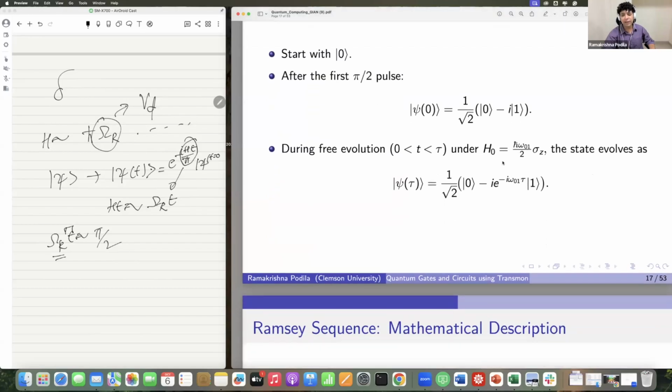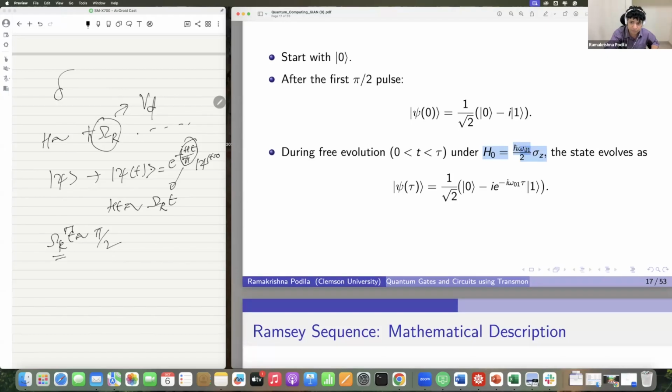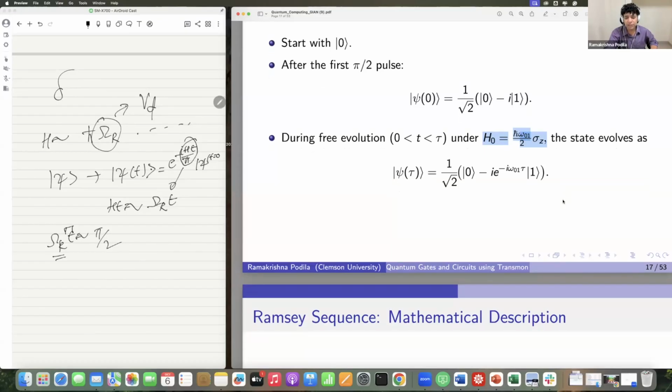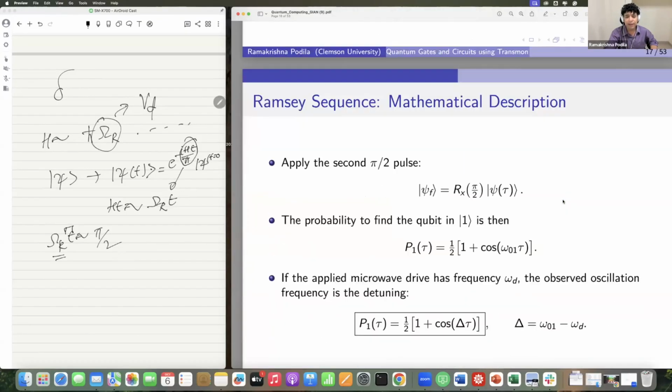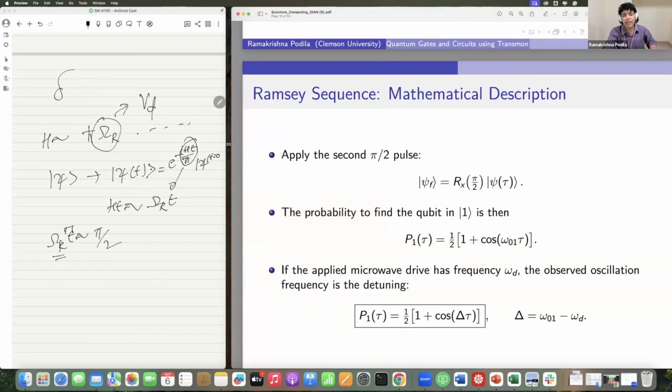And that is going to decay with the original Hamiltonian of the two-level system, which is the energy difference between 0 and 1 coupled with sigma z. So then you would get the total state to be like this in that free evolution. Then we apply another pi/2 pulse and measure the probability.